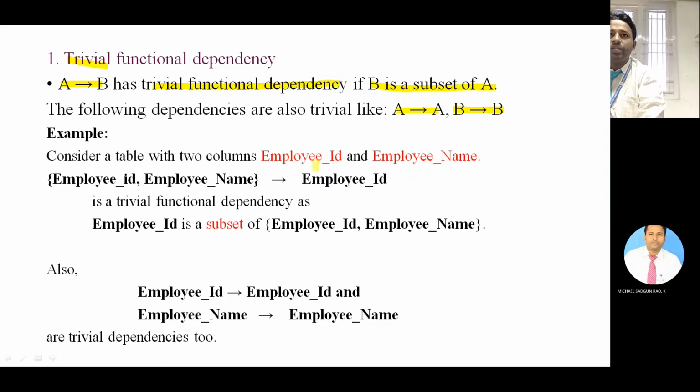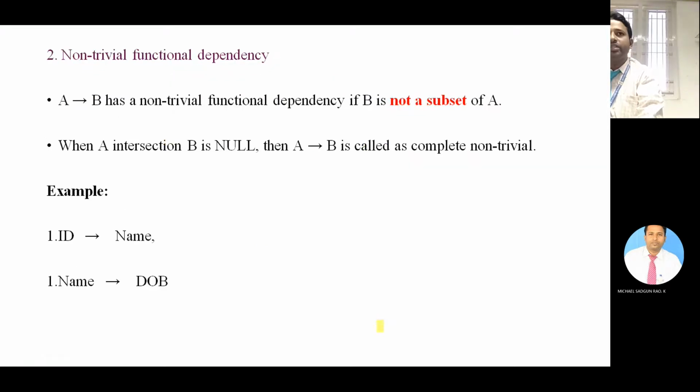Suppose there are two columns in one table: employee ID and employee name. The set employee ID, employee name determines employee ID. This is trivial because employee ID is a subset of this particular set. And of course, employee ID to employee ID, employee name to employee name are also trivial.